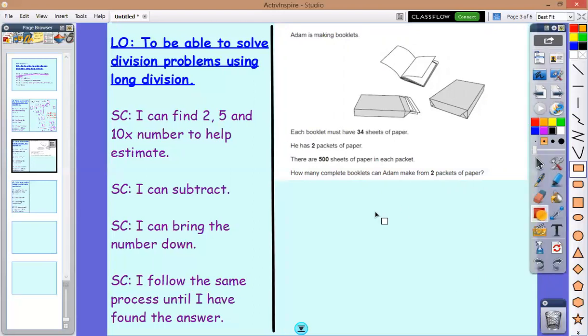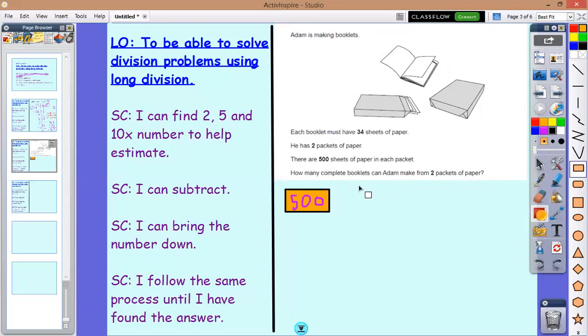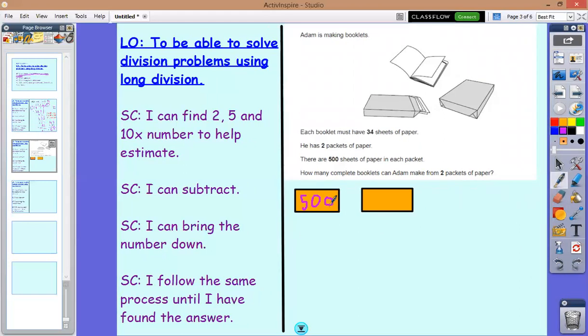So first of all, I always draw it out just to help me. So I'm going to draw my 2 packets of paper, which has 500 pieces of paper in it. But actually, how many packets have I got? I've got 2 packets. Okay. So I'm just doing this because it really helps me visualize it. Not everyone has to do it this way.